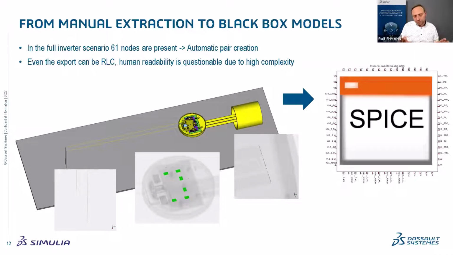I can build such a model, but of course, with 61 nodes and couplings between these different nodes, the advantage of being able to read the values is going away because it's far too complex for a human to read an RLC file which has 61 nodes which couple to each other. It's just becoming too complex. So the advantage of reading RLC values is somehow gone when you move towards the system level.